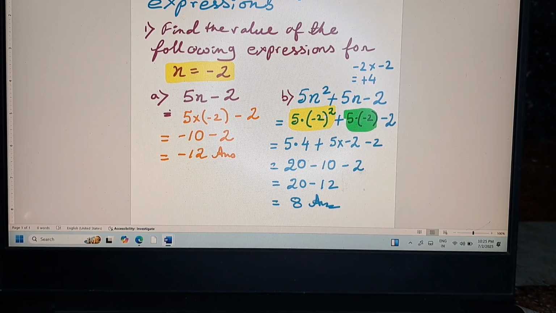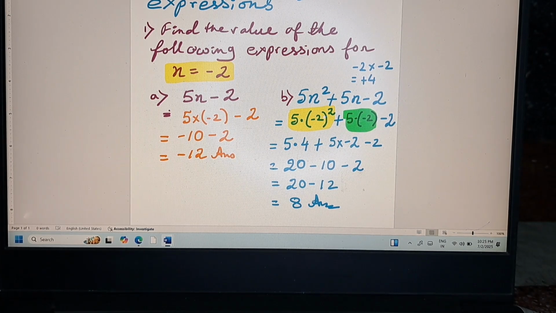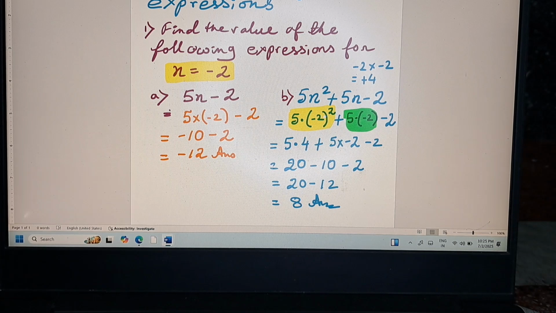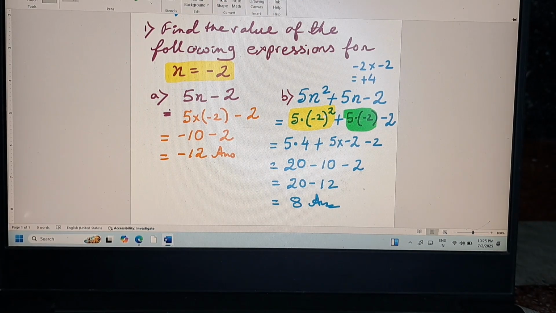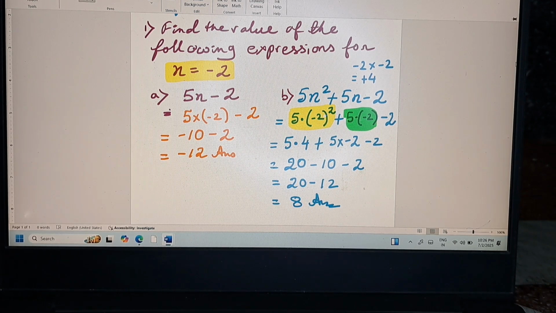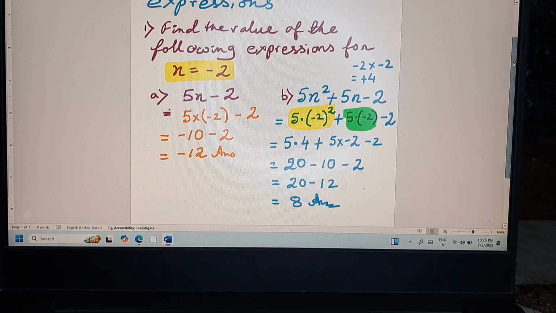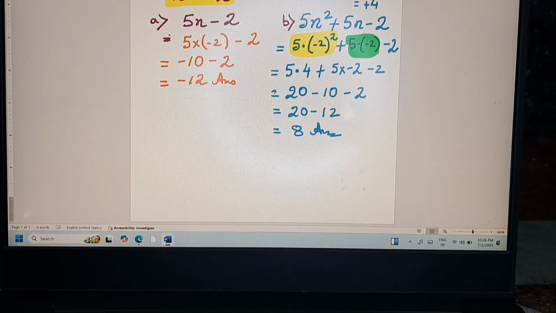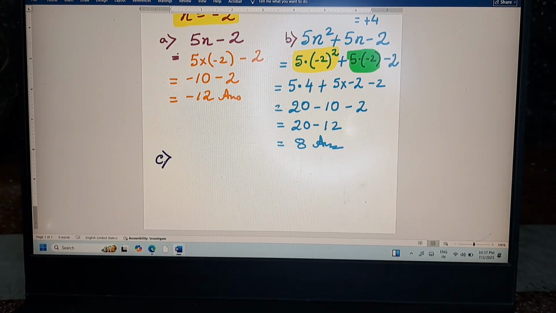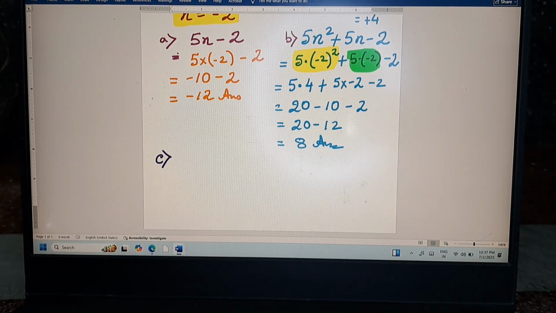We need to remember those rules while doing this topic in algebra. Let us move on to the next expression. In the third one, again the value of n, minus 2, remains the same. I am just changing the expression. Now let us take the third example.